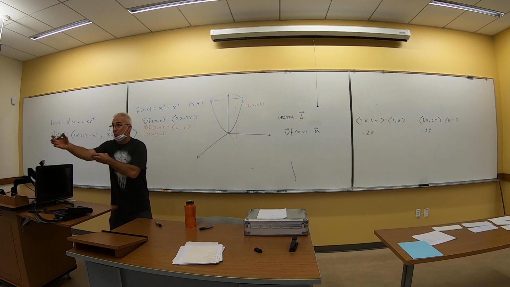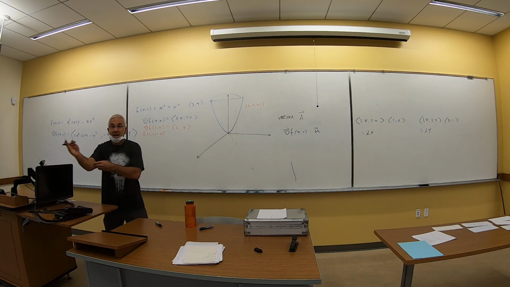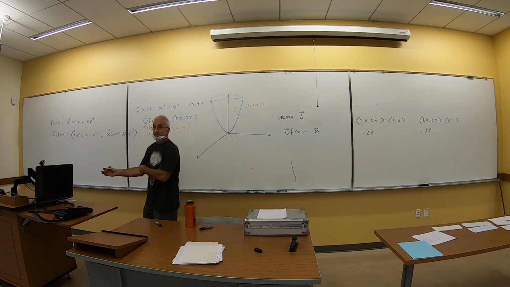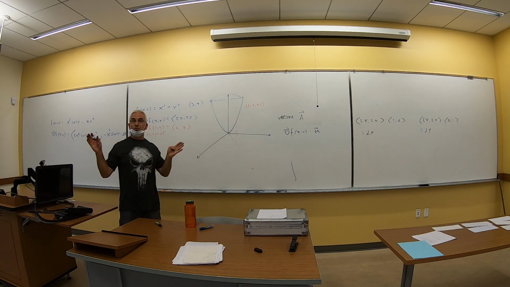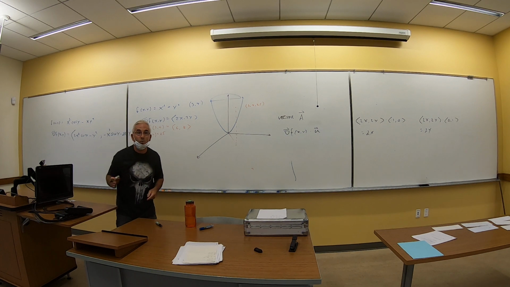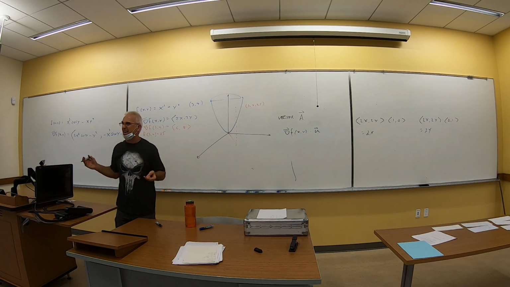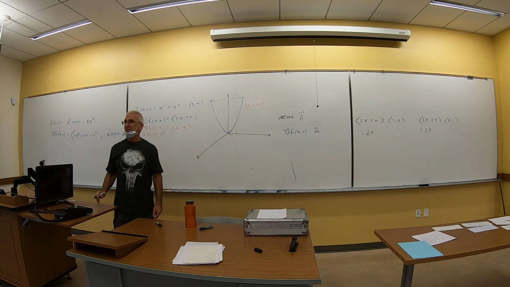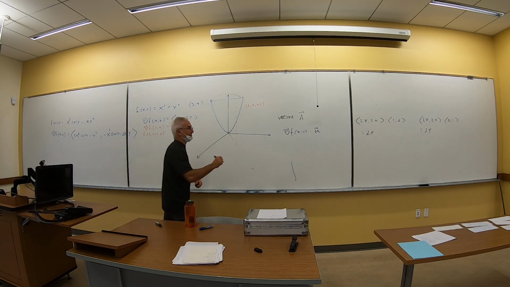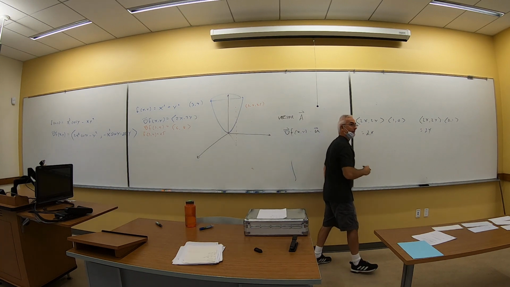Now that unit vector could be along this axis, it could be along this axis, it could be anywhere in between, it could even be in that direction. Agreed? I'm going to take a linear combination, but I need it to be a unit vector, otherwise my direction is contributing to the size of the answer. Oh, the direction can't. So if I say in this direction, you said 1, 0 because I don't want to change the size of this value.